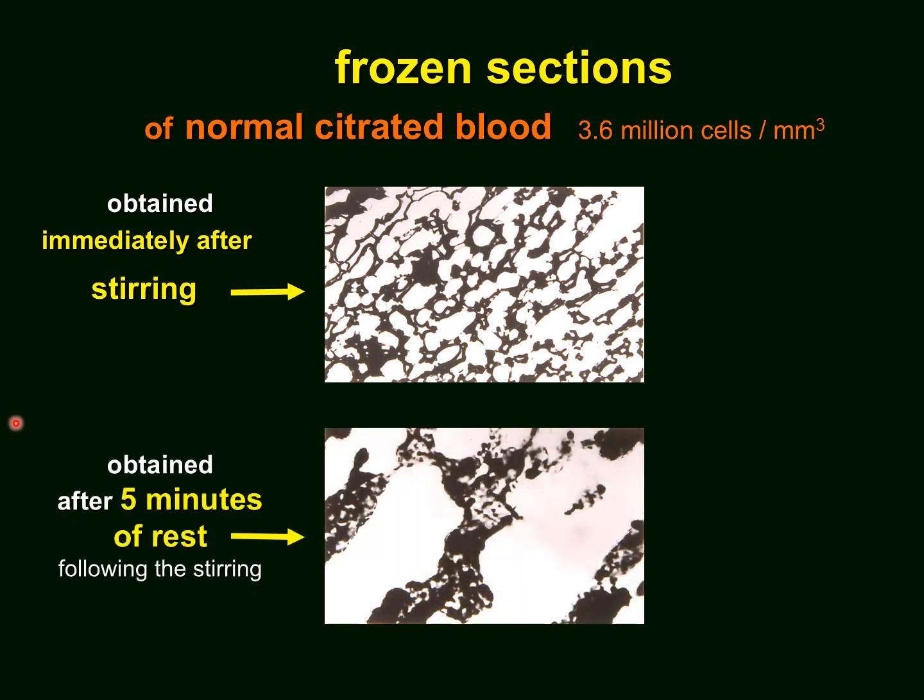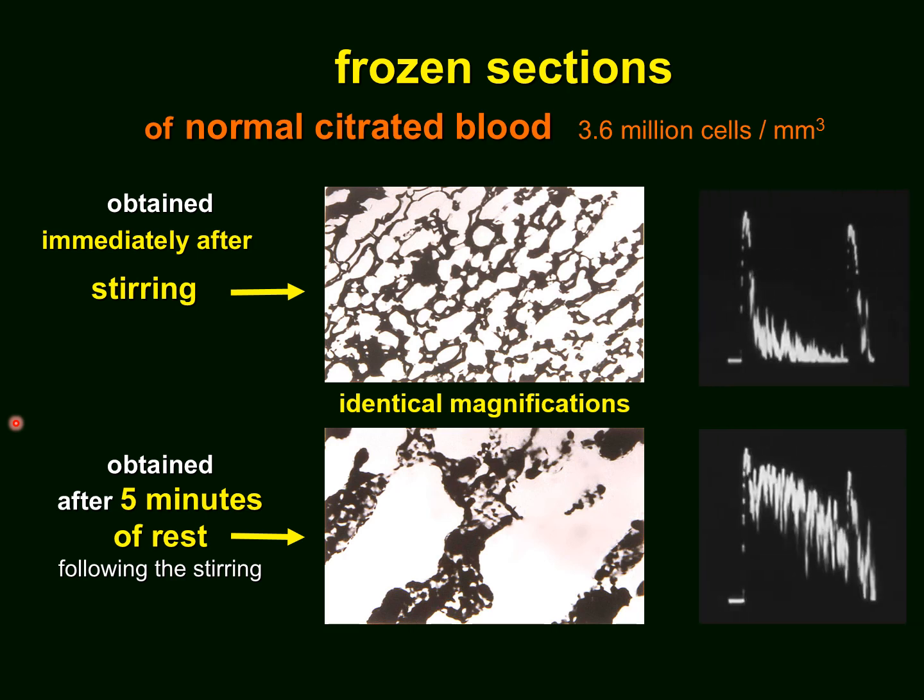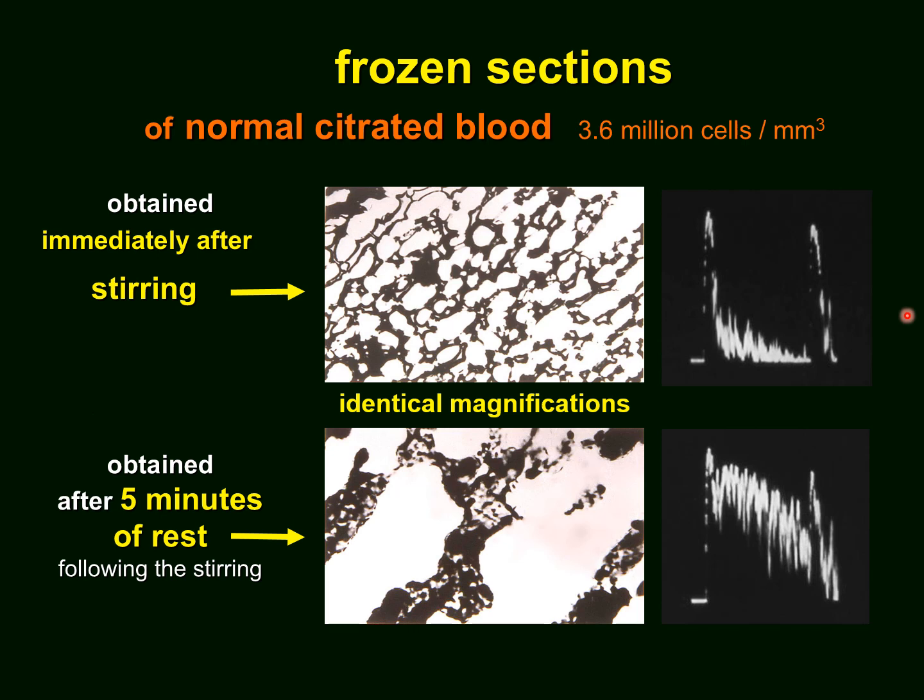Given the blood sample 5 minutes of rest, the frozen section looks different. It should be emphasized that these were identical magnifications of both frozen sections, and they correspond to the echograms obtained after stirring, sudden decrease in spike height, and after the rest period, return of the high spike height from before.